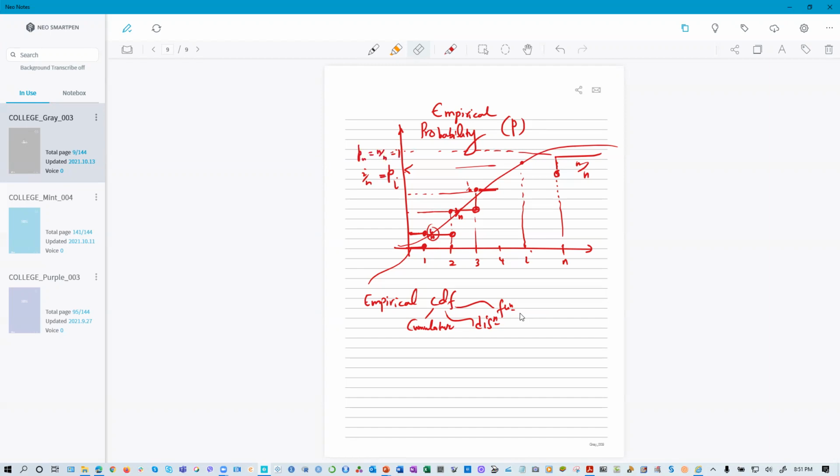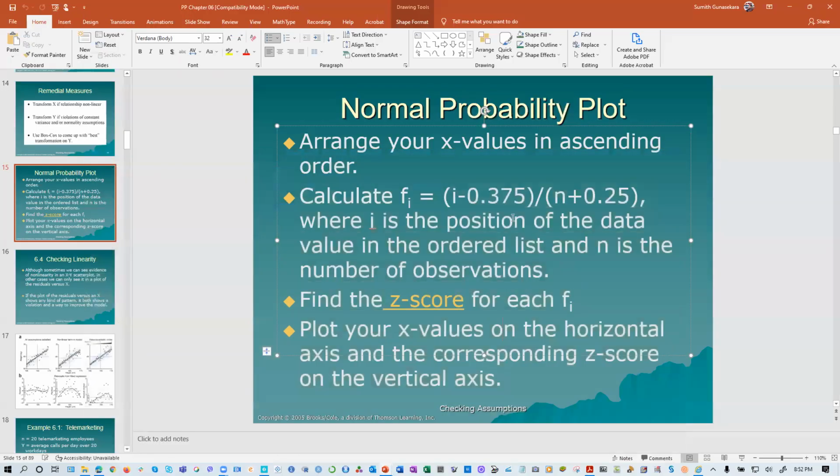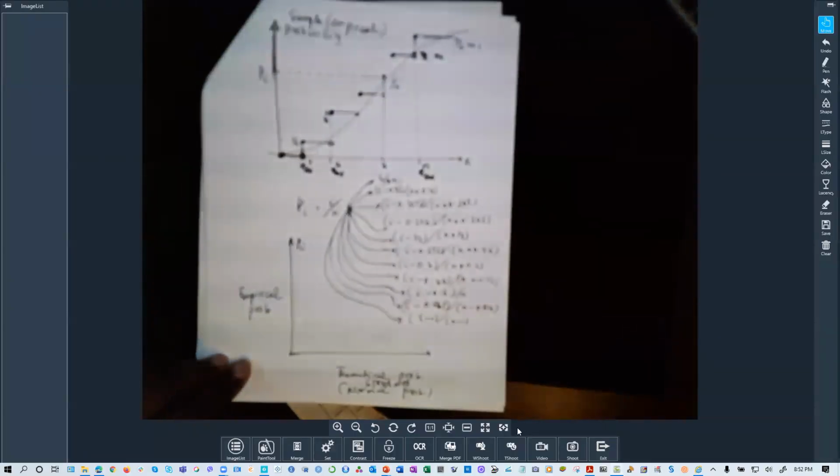But Pi is i over n, and they have done some kind of a modification. They have done that in several ways, not only one way. There are so many ways that they can do that.